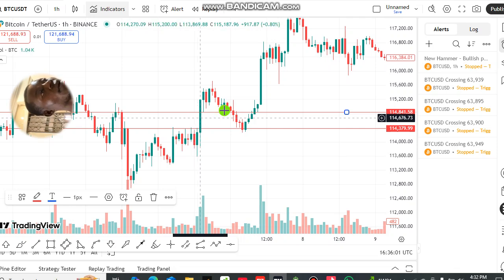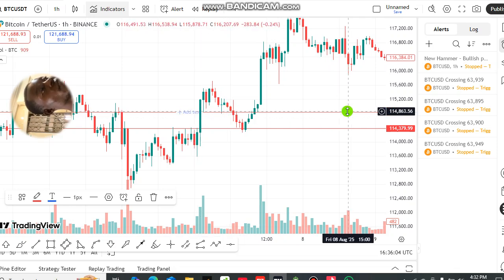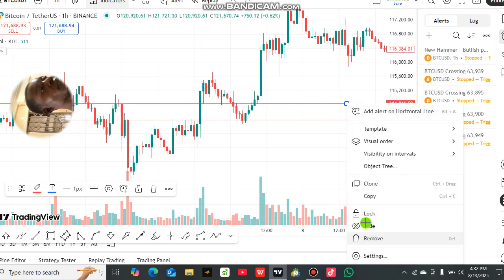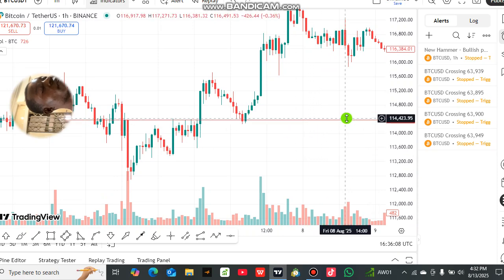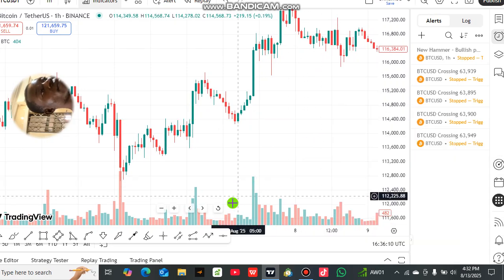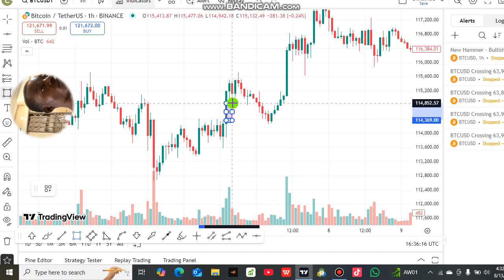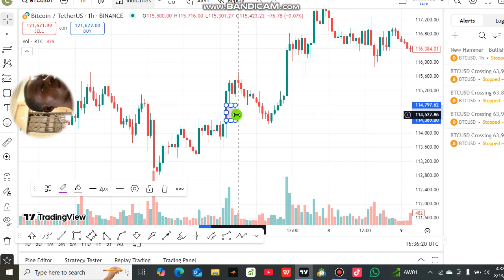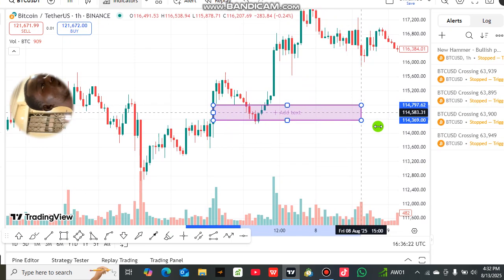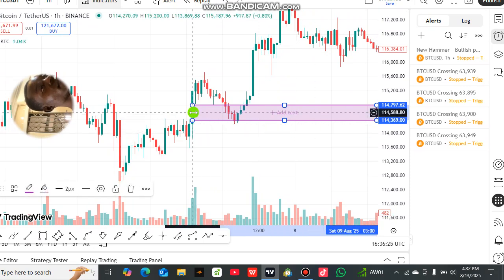Okay, now I will take up these horizontal lines and replace them with a different tool so that it will make the chart beautiful for you guys. I'm going to use this rectangle, then I will extend it to the right side.